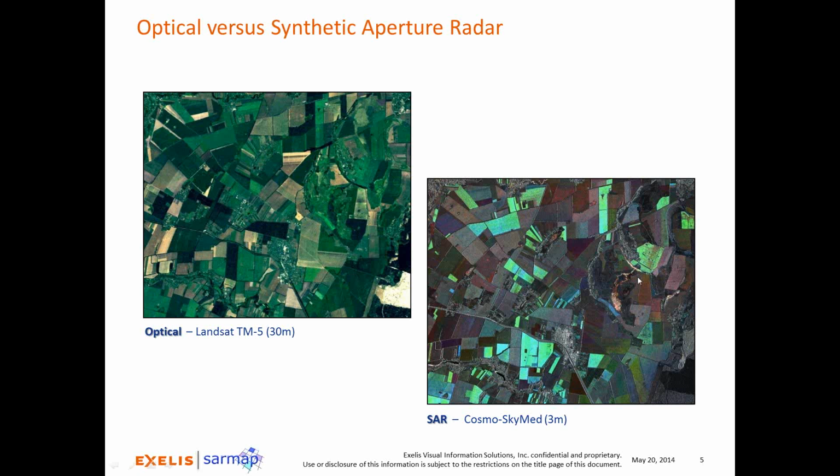In this case, colors are not given by the real different reflection, different wavelengths, but these are false color composite images. That means that the different colors come from different images acquired at different times. So here we have 3 images used to generate this color composite image using a red, green, and blue channel.